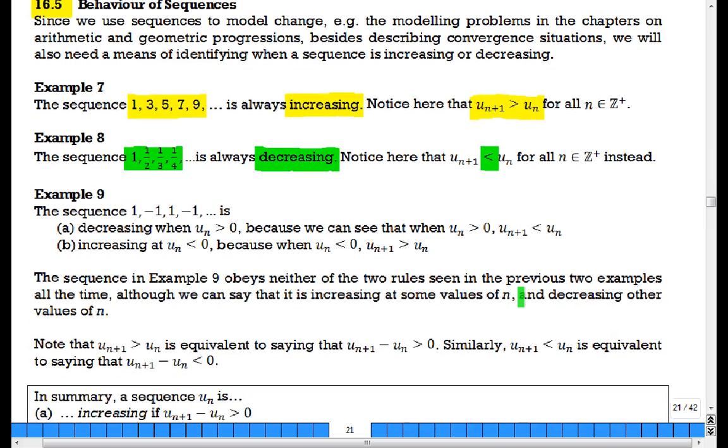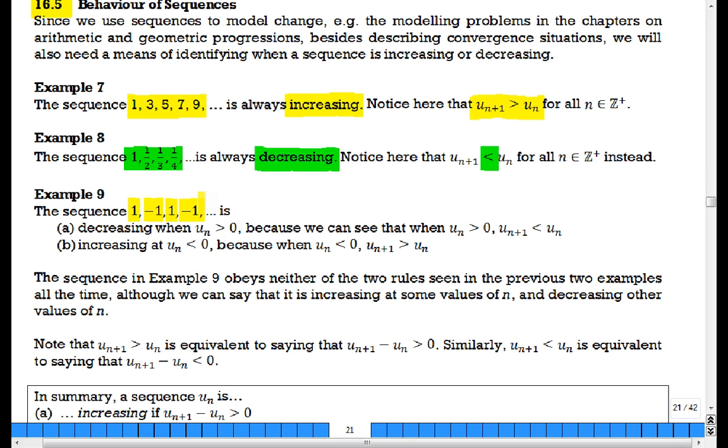What about this kind of sequence, alternating plus 1, minus 1, 1, minus 1? It's very confusing, yes, but at some point it is increasing, at some point it's decreasing.